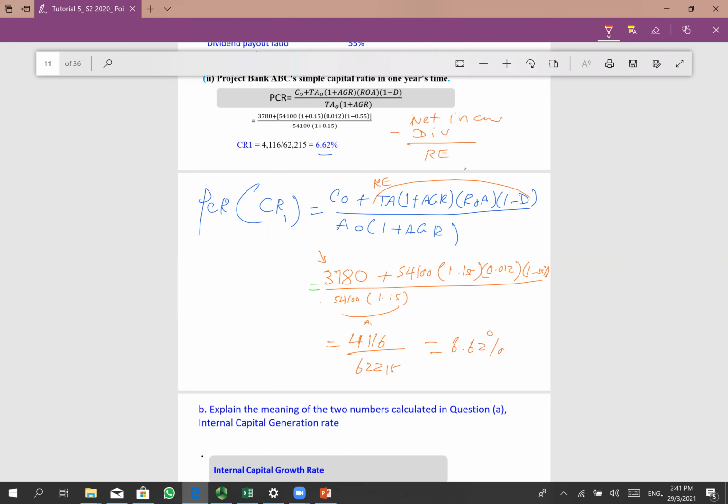This is different from the ICGR, because this one is telling me your target ratio now is 6.62. So my question to you guys, am I undercapitalized? Am I under the target, over the target, or exactly like the target?